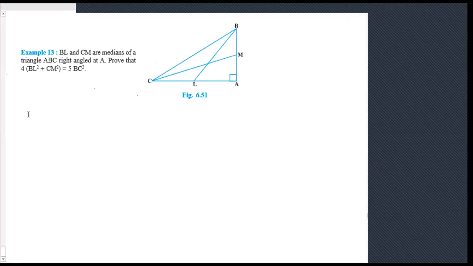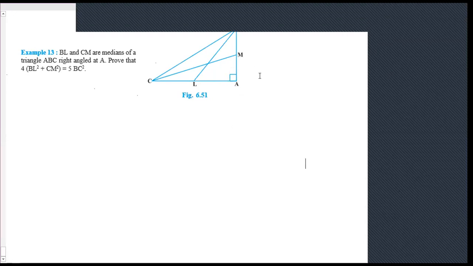So in this one, how many right triangles are seen in the diagram? How many right angles can we see? 3. Which of them?